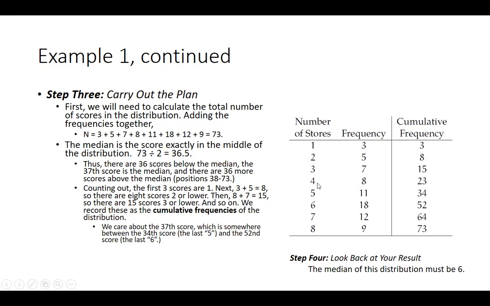After we count the number of people that said 4 stores, after we count those 8, that's 23 scores that we have. After we add on the 11 people that said 5 stores, that's 34 responses that we have. And that brings us very close to 36 and a half.